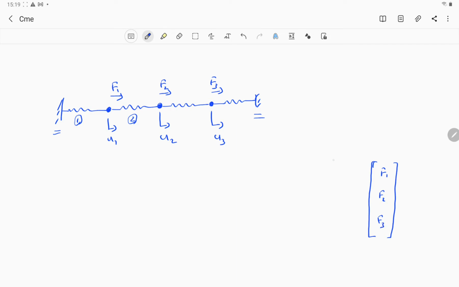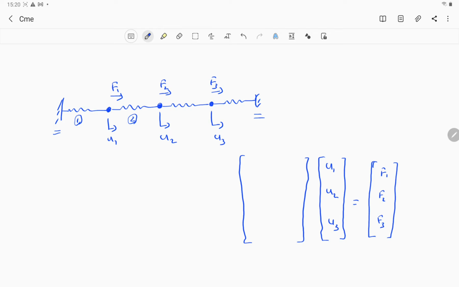And the displacement vector, U1, U2 and U3. These can be equated using a matrix, and that matrix is what you need to construct.